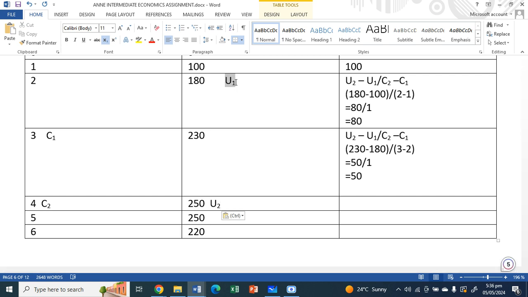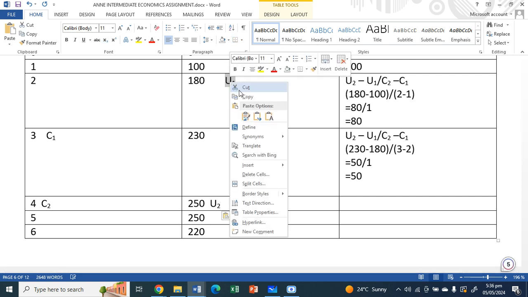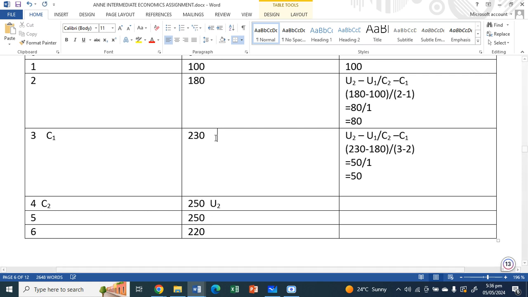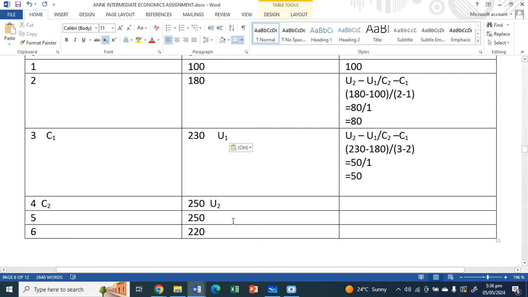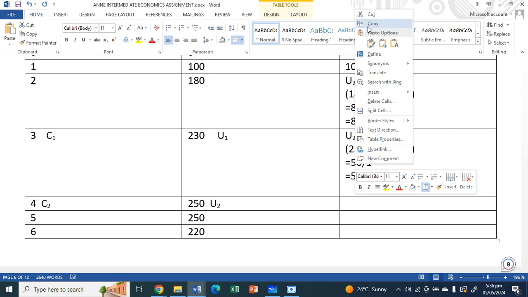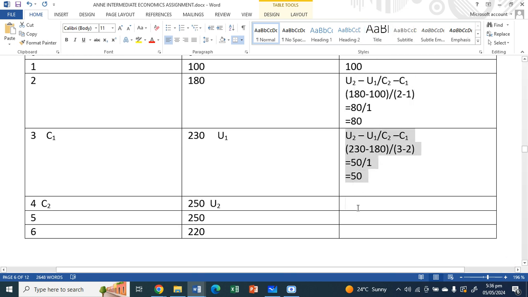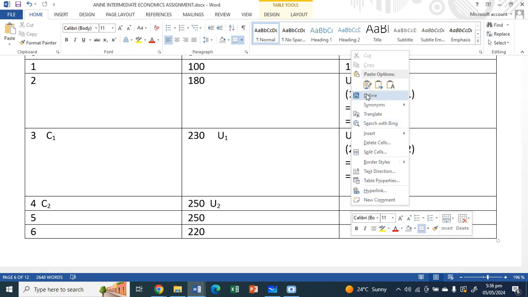Our initial utility is 230 units. Okay, so now I want to find out what's the additional satisfaction that we get when we increase our consumption from 3 units of this good to 4 units of this good.